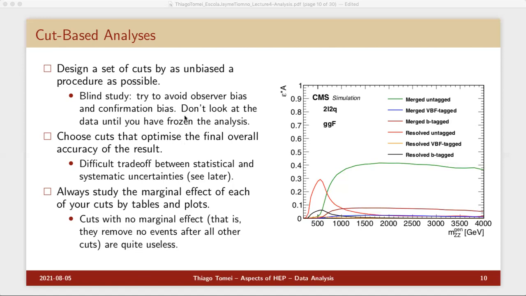In this way, we avoid both the observer bias and the confirmation bias. In our case, we don't have to be double blind in that sense. We only have to blind ourselves. We design the analysis, do everything, and only then look at the data.